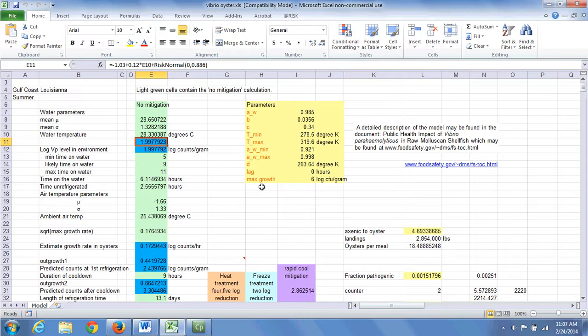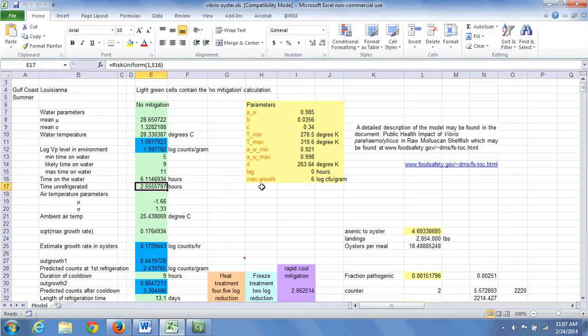So I'm basically saying, okay, when the oysters come out of the water, they have almost 2 log counts per gram of oysters. And then the oysters spend some time on the workboat. In this case, it's 6 hours. Of that 6 hours, some of that time is spent unrefrigerated. In this case, it's about 2.6 hours unrefrigerated.